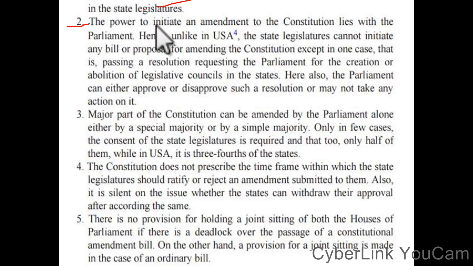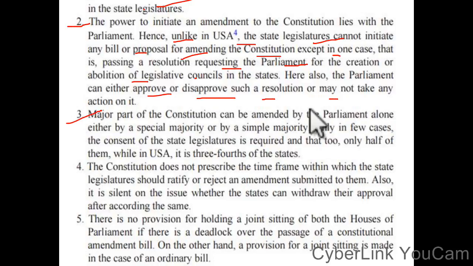The power to initiate the amendment of the Constitution lies in the Parliament. Hence, unlike in the USA, the state legislatures cannot initiate any bill or proposal for amending the Constitution except in one case, that is, passing a resolution requesting the Parliament for the creation or abolition of the legislative council of the state. Even here, the Parliament can either approve or disapprove such a resolution or may not take any action on it.